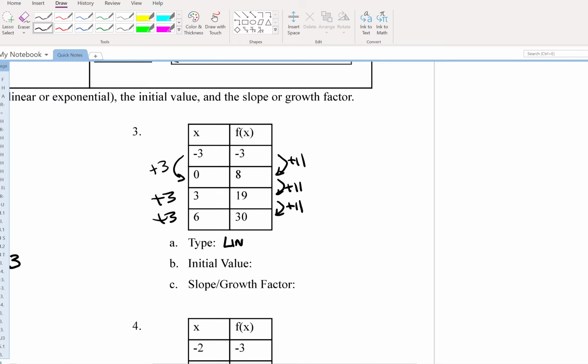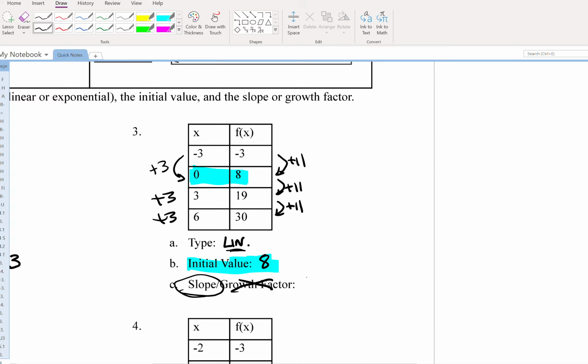So, type. This is linear. They tried to throw us with this one. We got it. Linear. And then initial value. What's the initial value? 8. Because that's where x equals 0. And does this have a slope or growth factor? It does not have a growth factor because it's linear. It has a slope.